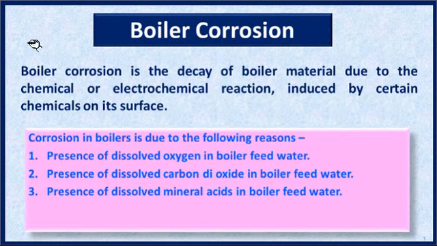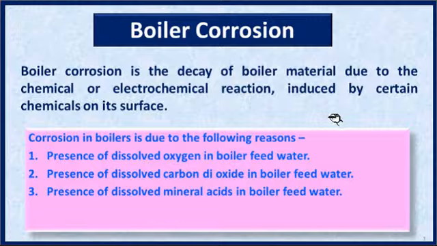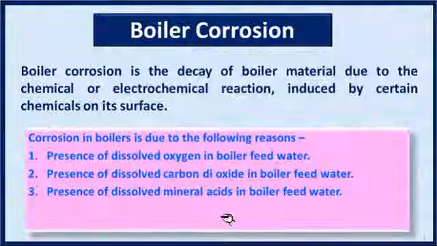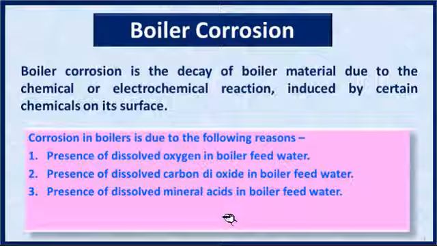That means due to the presence of dissolved oxygen, dissolved carbon dioxide and dissolved mineral acids, the boiler material becomes brittle or very weak due to the chemical or electrochemical reaction induced by these chemicals onto the boiler surface. So this is basically the corrosion problem initiated by the presence of oxygen, carbon dioxide and mineral acids in the boiler feed water.